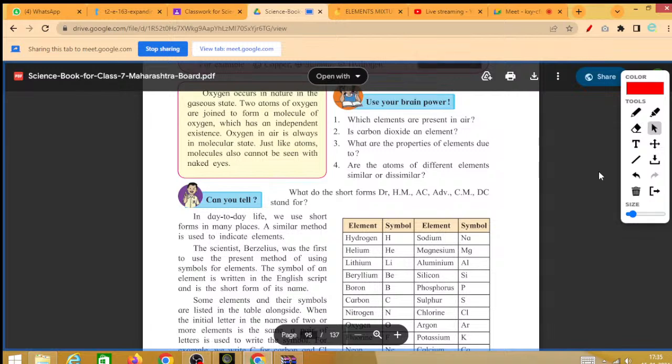Elements. Is carbon dioxide an element? No, ma'am. So elements. Be sure of what the question is and what you are answering. Carbon, nitrogen, oxygen, hydrogen. Very good. Good. Next question, Anjali.